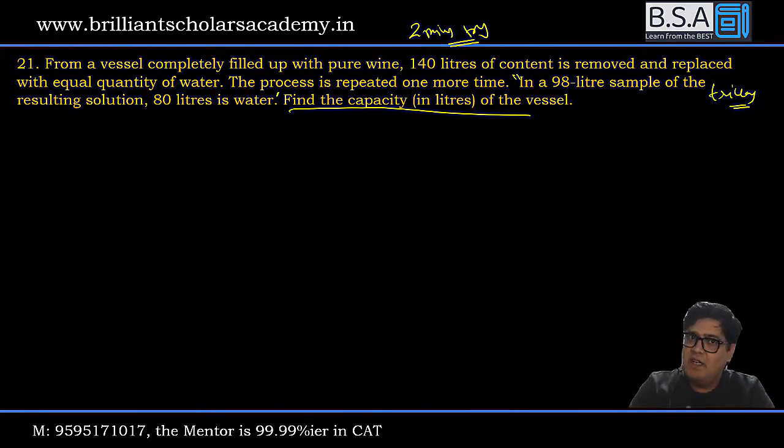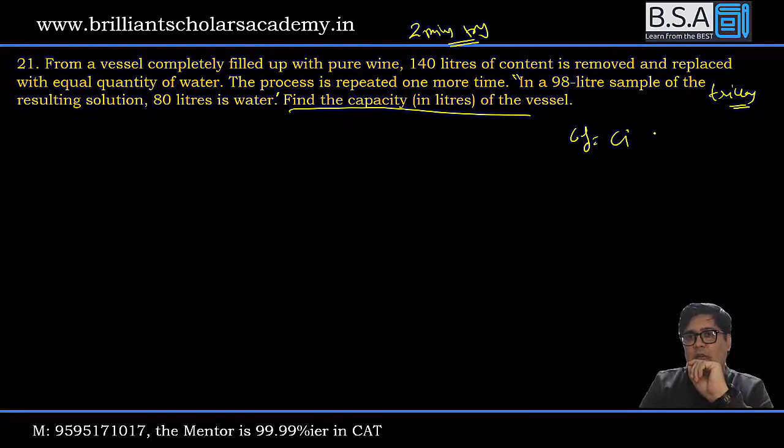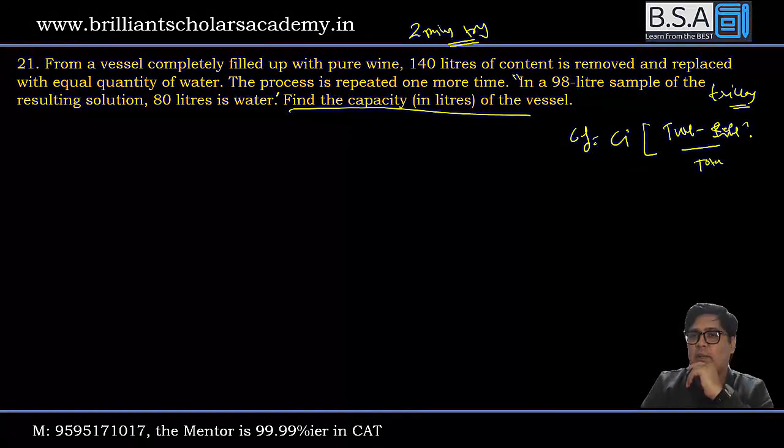From a vessel completely filled with pure wine, 140 liters were removed and replaced with same quantity of water twice. What is the formula? The formula is concentration final is equal to initial multiplied by total volume minus initial volume upon total minus replacement volume upon total to the power n.